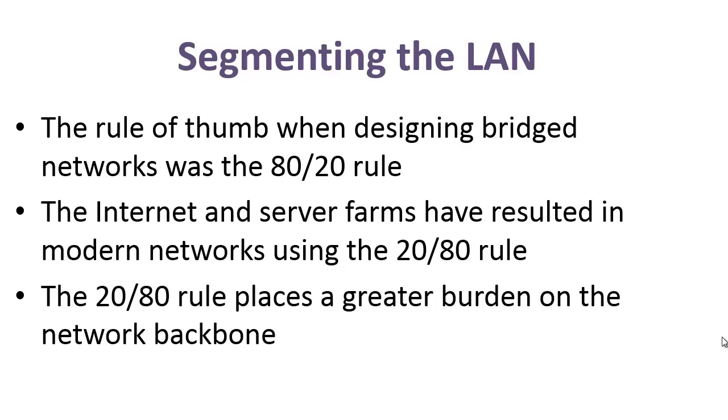Now we need to design our networks with the idea that probably only 20% of the traffic is going to stay local on the local area network, whereas 80% is going to leave the local area network. So this new paradigm, this new 20-80 rule, places a much greater burden on the network backbone.